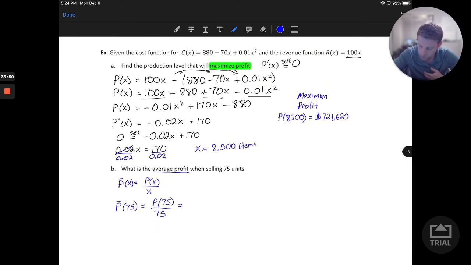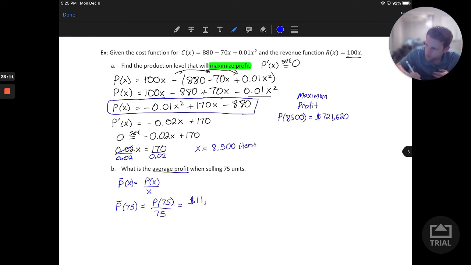So again, we're using this profit function, and I'll just highlight this right in the middle of our page. When we're using the P of something, we're using the total profit from 75 items. If we evaluate that function at 75, we should get a value of $11,813.75 for that total profit. Again, if I want to take the average, I just want to divide by the number of items I've sold.